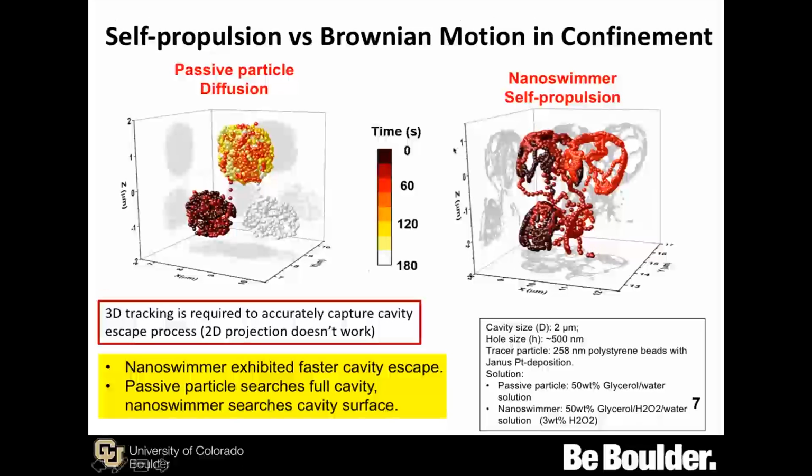But the second thing, which is very interesting, is that for the trajectory on the left, in 3 minutes it only visited 3 cavities. While for the Nanoswimmers, in just 1 minute, it already went through 4 different cavities. This means that the Nanoswimmers search much faster than the traditional Brownian motion particles.